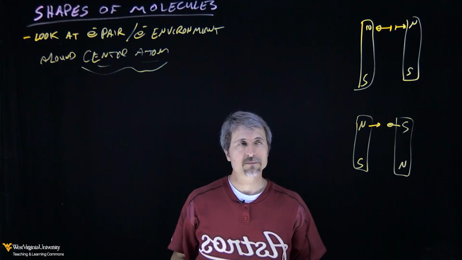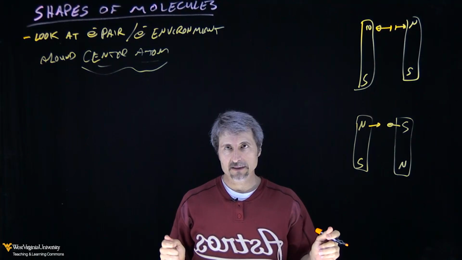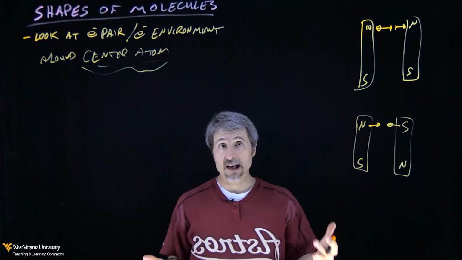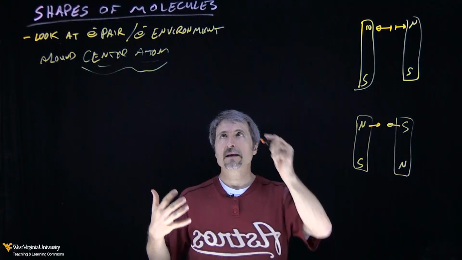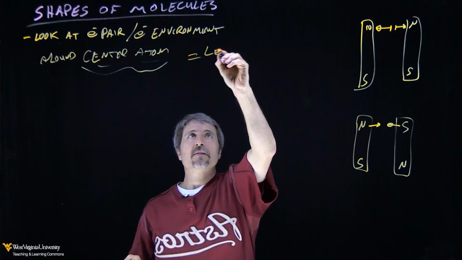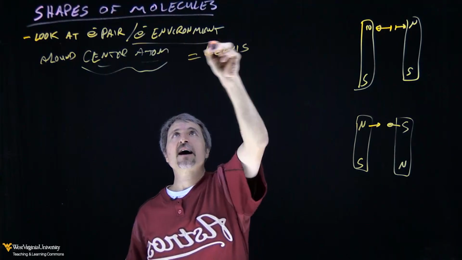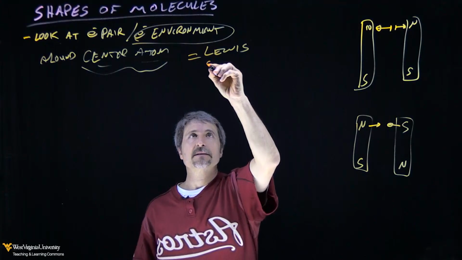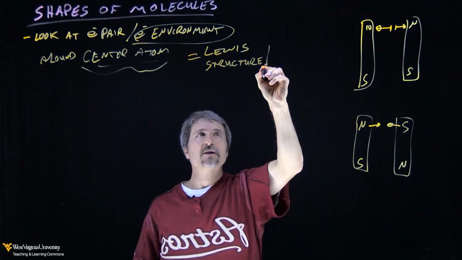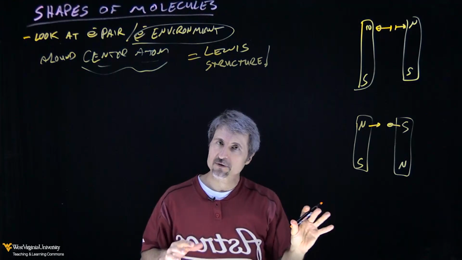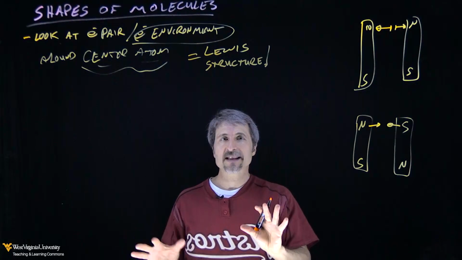Okay? And so what we want to do is look at the electron environment around the center atom. Now, one of the things that Lewis dot structures allow you to do is determine what the electron environment around the center atom is. But then you have to be able to interpret it. You have to look at the electron environment and say, what does that look like?